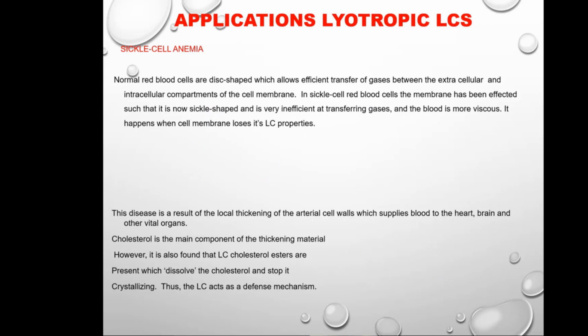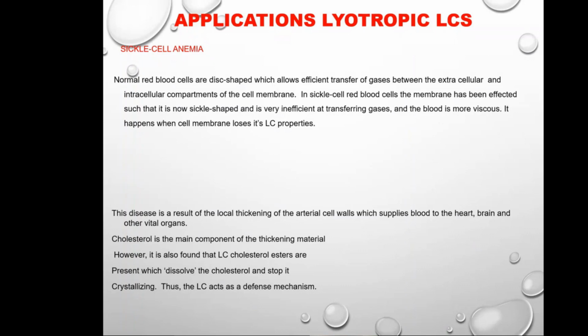Okay, so just briefly to say that it's not only what we are working on, so the DNA or amyloids or the myelin sheets, but also for example, sickle cell anemia is one.